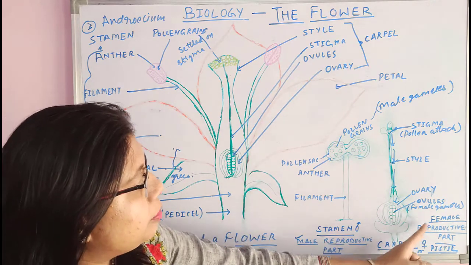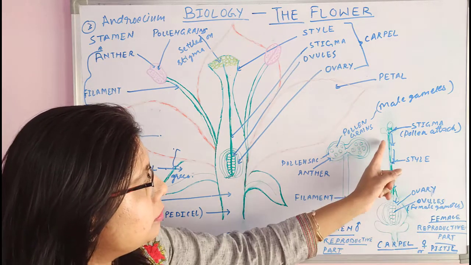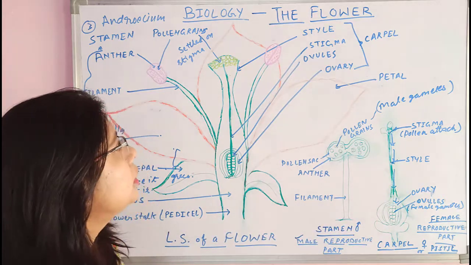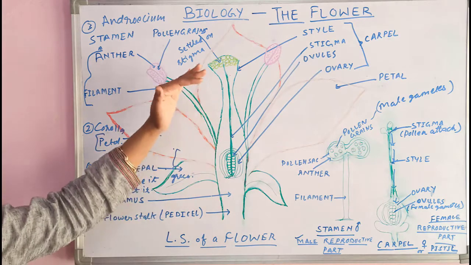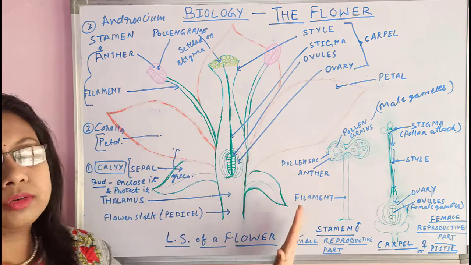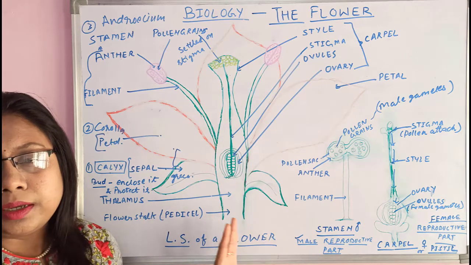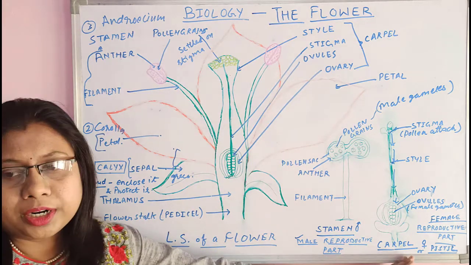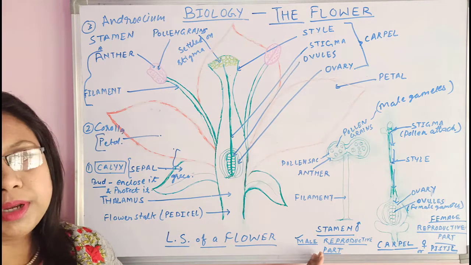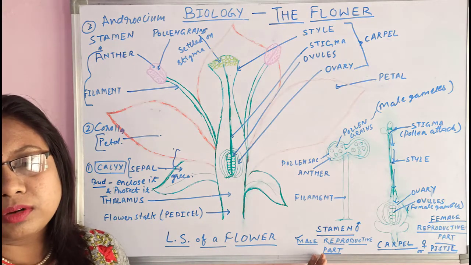So this is the structure of the carpel or pistil, the whole internal part of a flower. Carpels are the female reproductive part of a flower, and stamens are the male reproductive part of a flower.